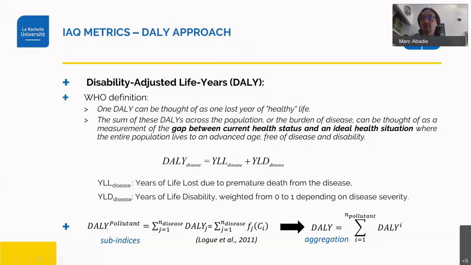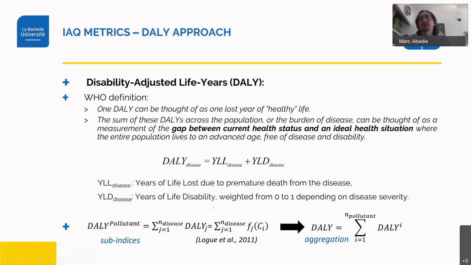It's the equation at the end here. We have the exposure here for a disease. You can sum up the diseases, this function, which gives you a number of DALYs. And so you do that for every pollutant of interest, and you can make a summation at the end amongst all the pollutants. And so we'll let Benjamin talk about that later.